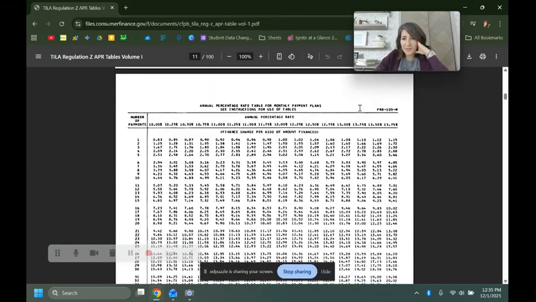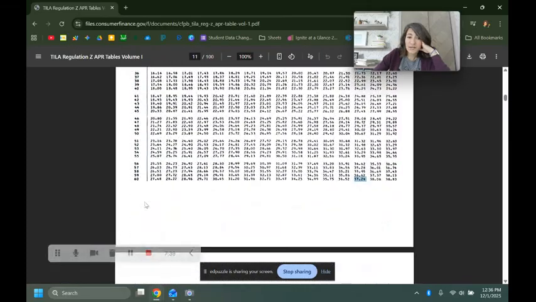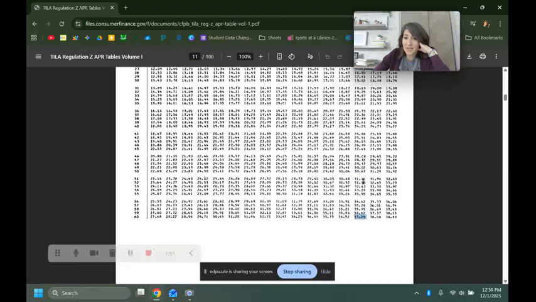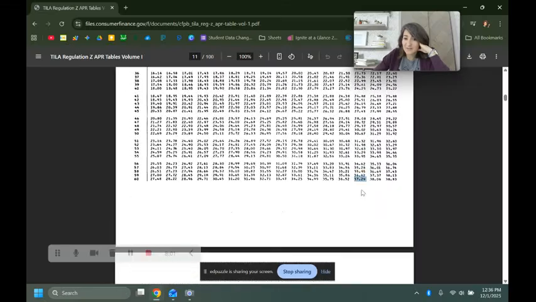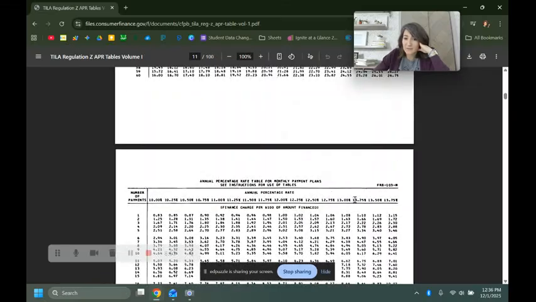So this number up here, 13.25, is my annual percentage rate. What I did was find that I had 60 payments, and then in my 60 row, I found the number closest to my finance charge per $100, 37.29. And then the percent up here, the annual percentage rate, is my rate. 13.25.